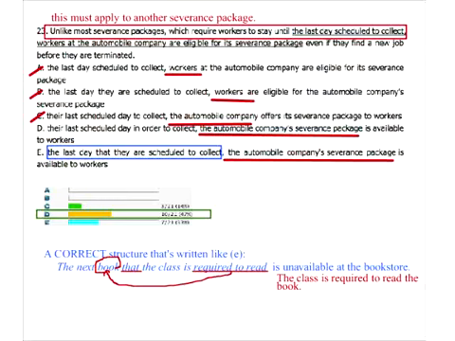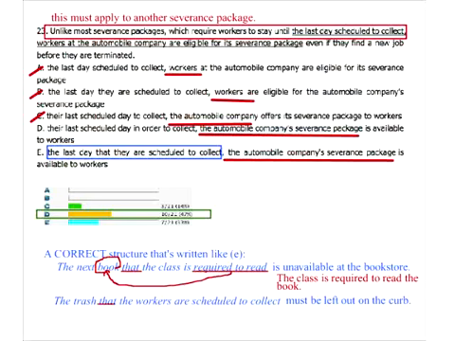So same thing, if you want to use the word collect, then you can say the trash that the collectors, that the workers are scheduled to collect must be left out on the curb. So again, this works.